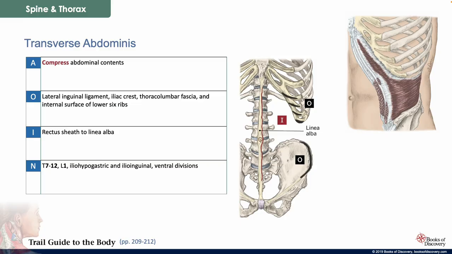The origin for this would be your lateral inguinal ligament. So in the groin, the iliac crest, thoracolumbar fascia, and the inner surface of the last 6 ribs. So this is filling that little side space up deep in your body. And then guess where it inserts onto? The rectus sheath of the linea alba. Another linea alba attachment muscle.